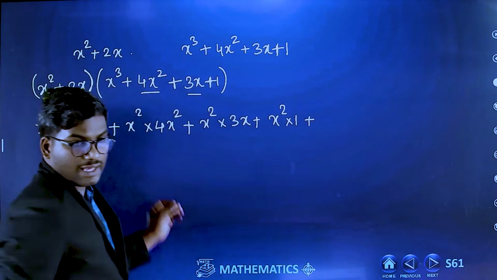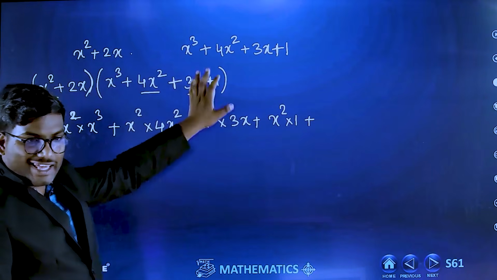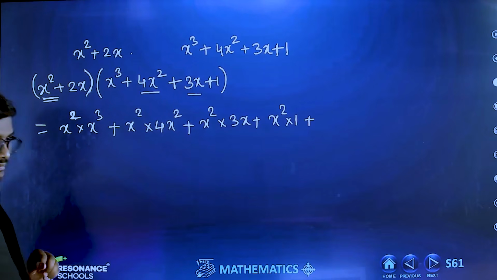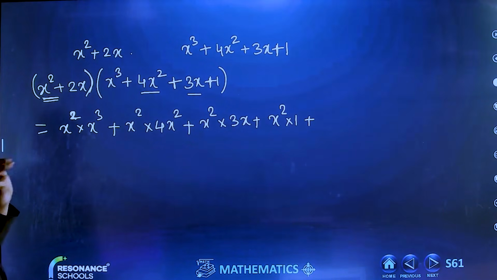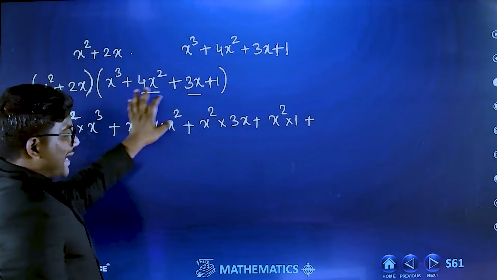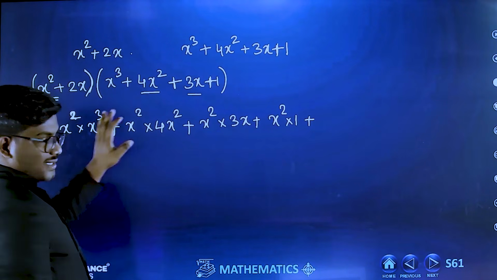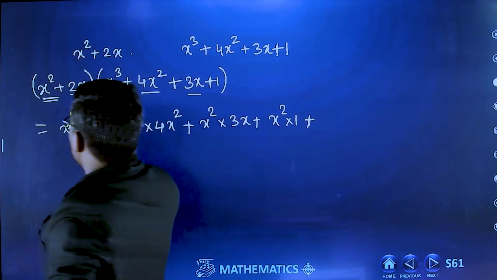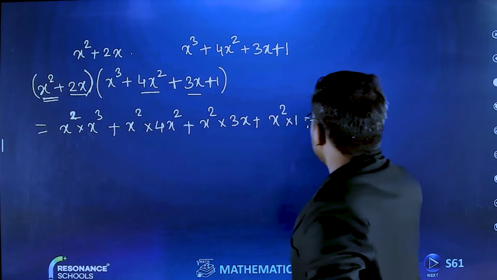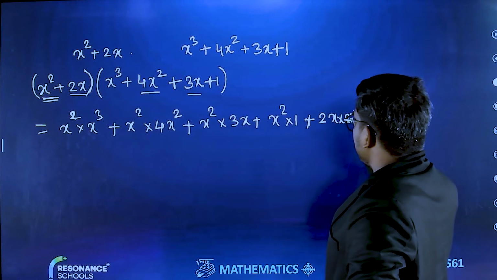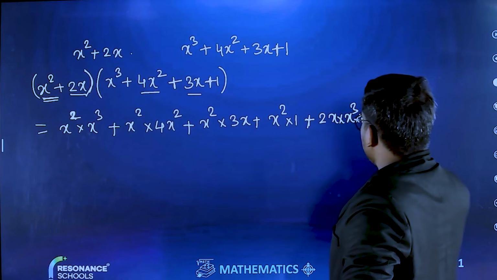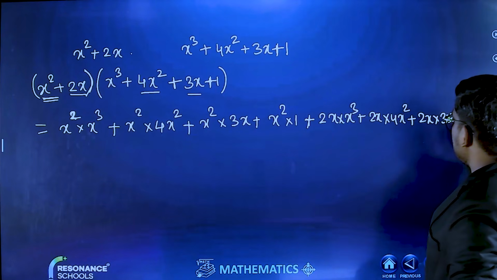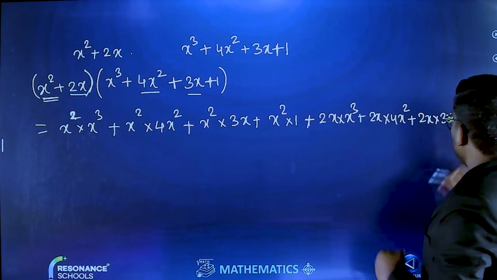Right? x square multiplied by each of the following terms is this expression, plus 2x multiplied by each of the following terms: 2x into x cube, 2x into 4x square, 2x into 3x, and 2x into 1.